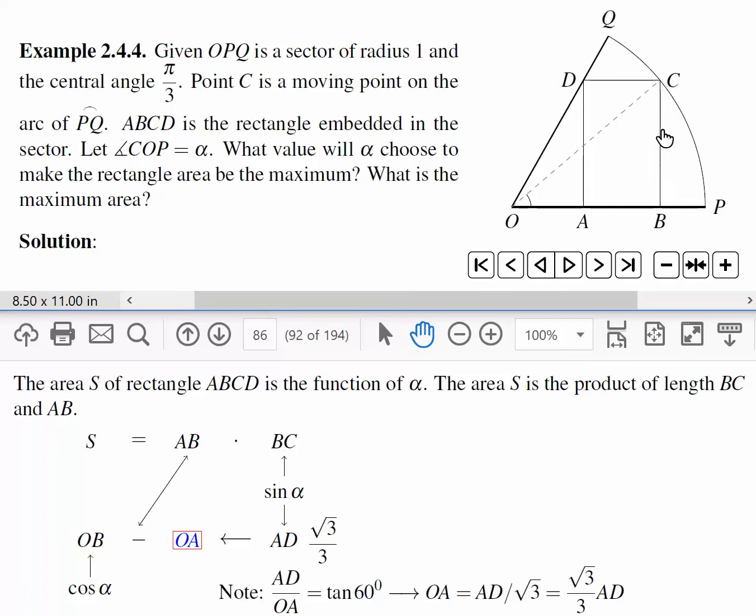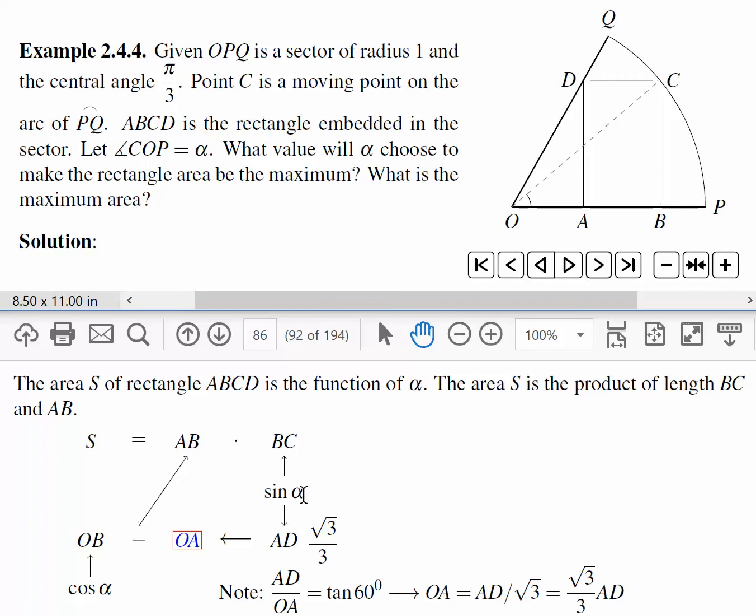So then BC shall be sine alpha, and AB shall be cosine alpha for this point C. Since the area S equals AB times BC, width times height, and we know BC is the y-coordinate of C, then it will be AB times BC.